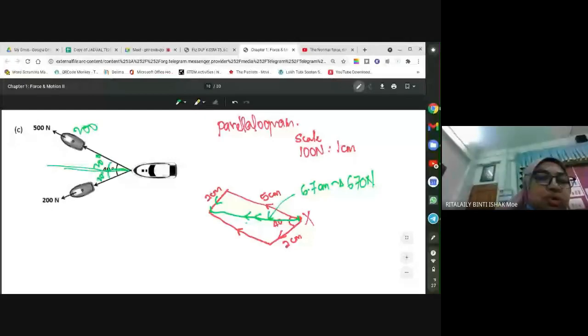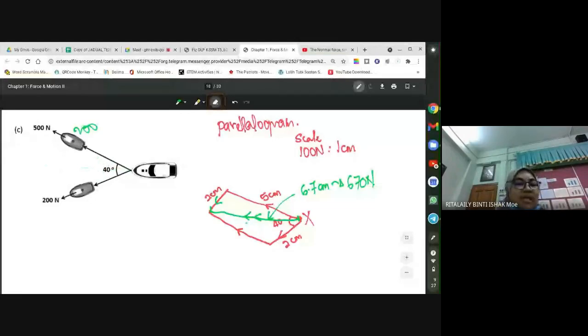But since in C the two forces are different, the values of the angles are not equal. Okay, can you follow? So for this type of question, we cannot use calculation.